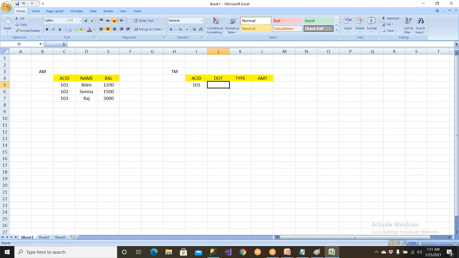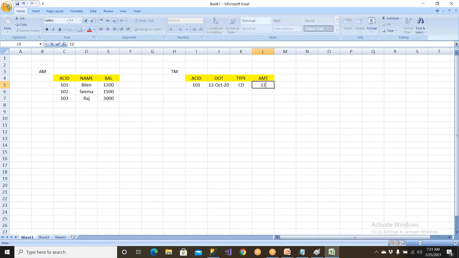So 101, say October 12th, 2020, she deposited 1200 cash, something like this we can have. 102, Seema, on the same day or the next day, deposited, let us say, 2000.